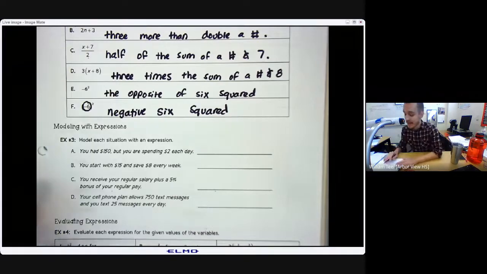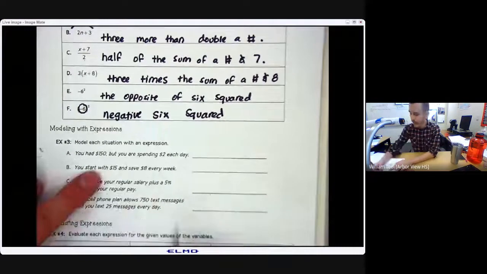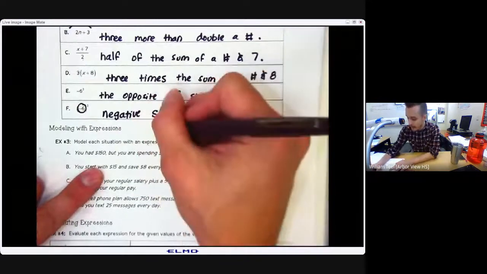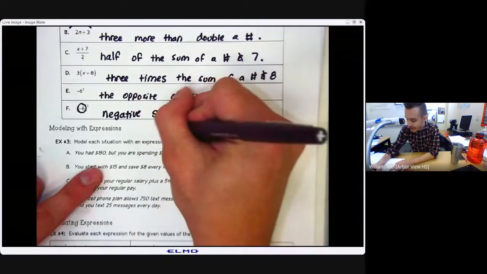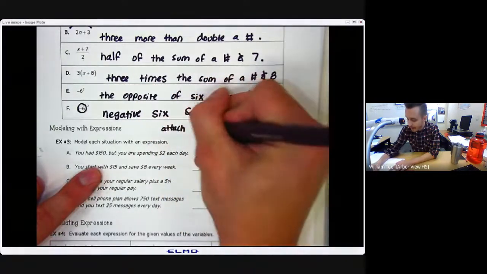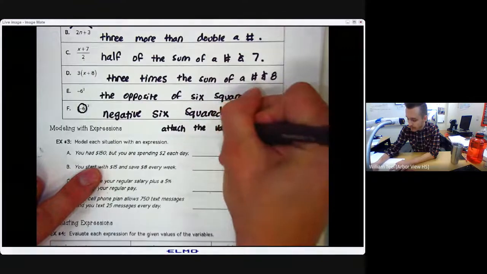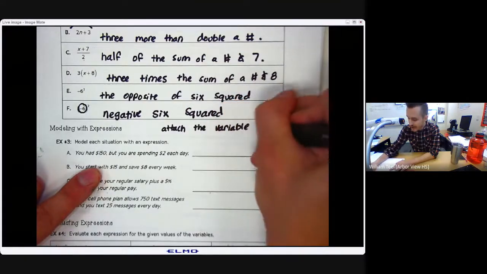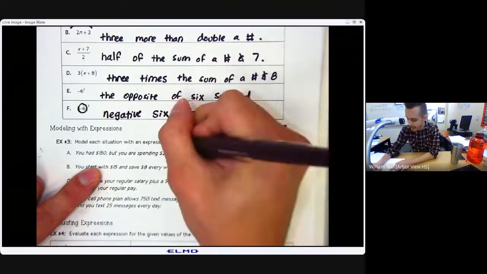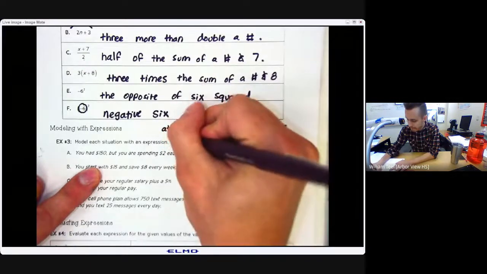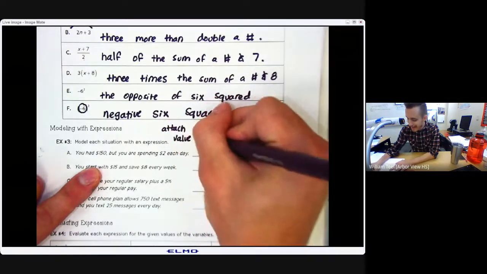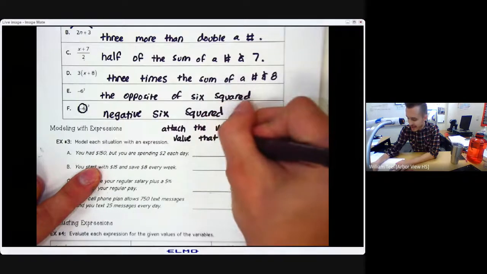So something I want you to be careful about here, I want you to write off to the side, attach the variable to the value that something is changing by.